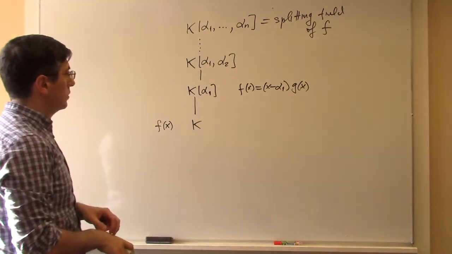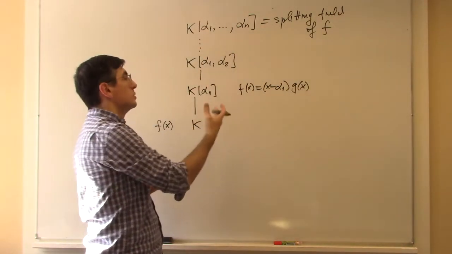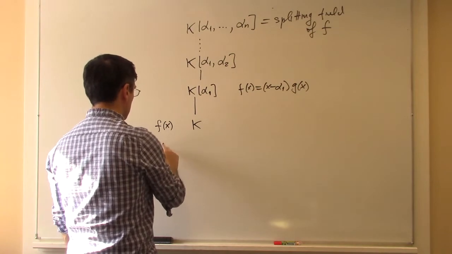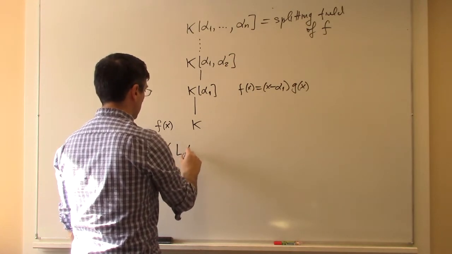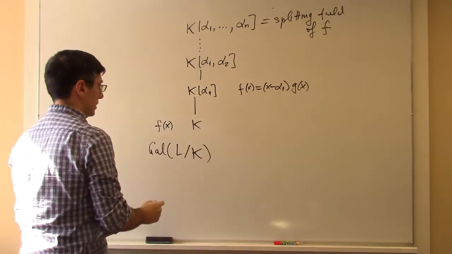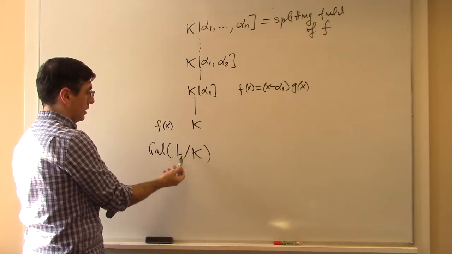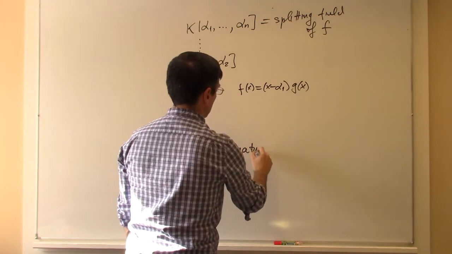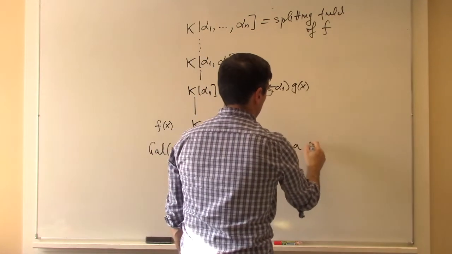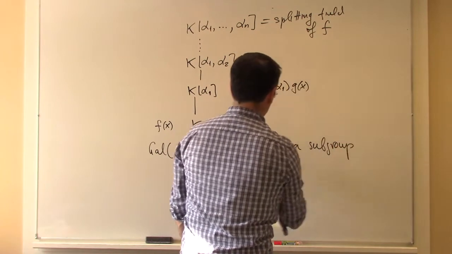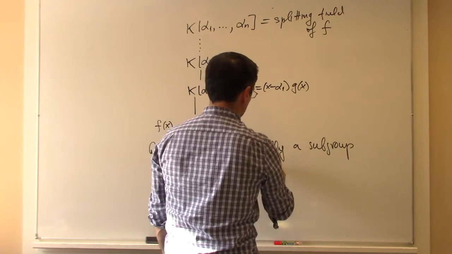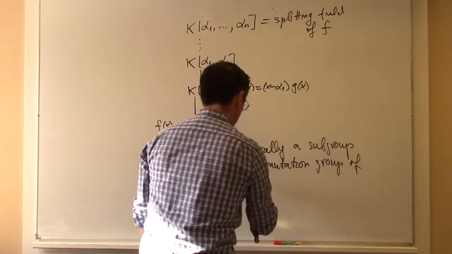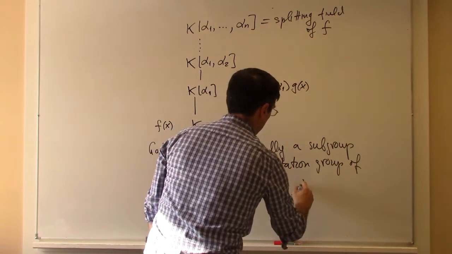Alright, now from what I said about the embeddings and the relationship between the embeddings and the roots, it's clear that the Galois group of L over K, assuming L is normal, or Galois over K, is naturally a subgroup of the permutation group of the set of roots.